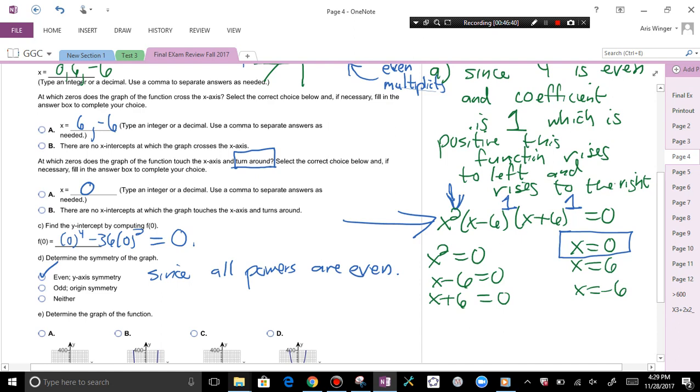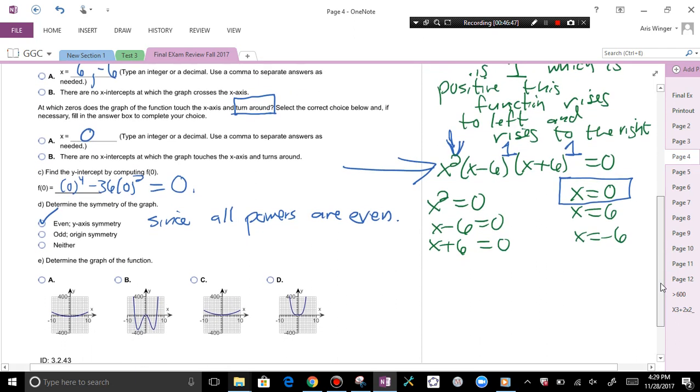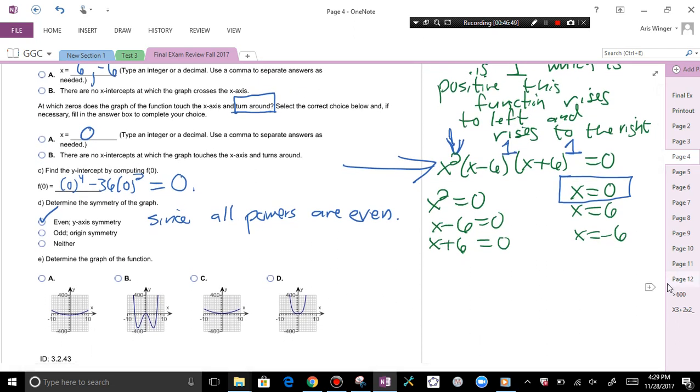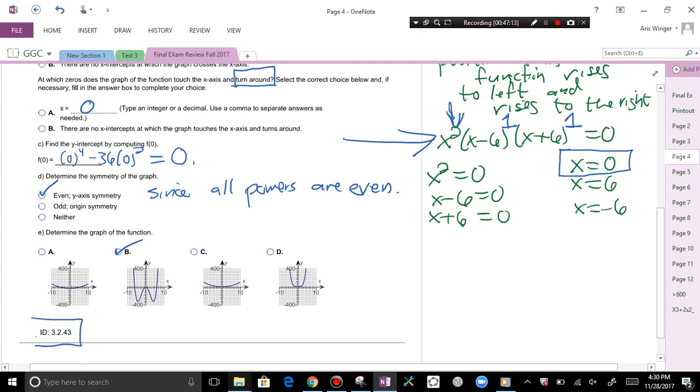If you had some even powers and some odd powers, it would be neither. Only one of these functions seems to go across the x-axis at 6, -6, and 0. That's problem 3.243.